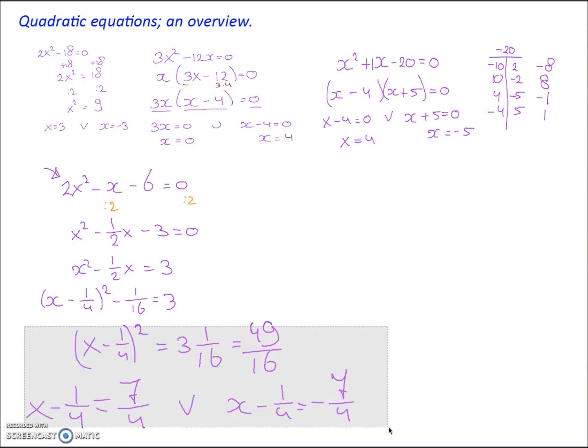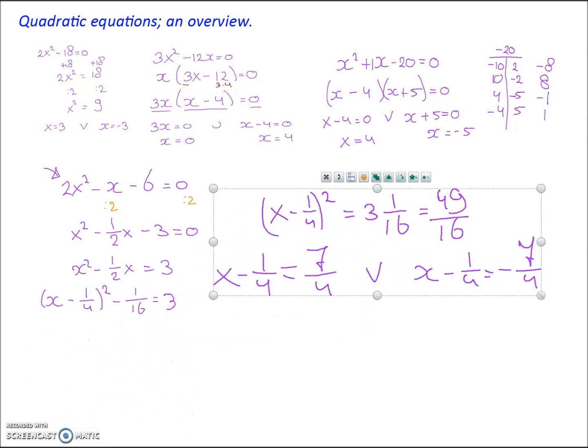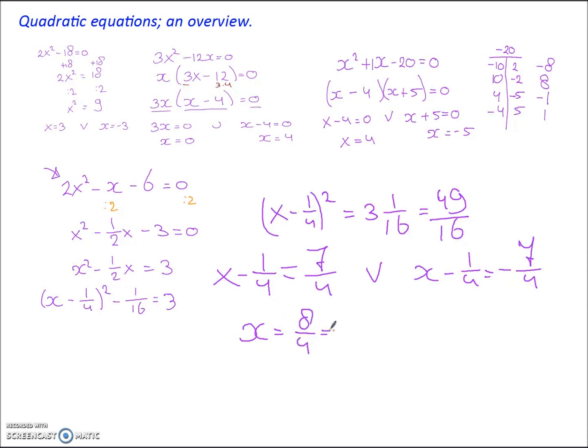Again, let's create some space. Let's put it over here. I need one more step. X is equal to 7/4 plus 1/4 is 8/4, or 2.